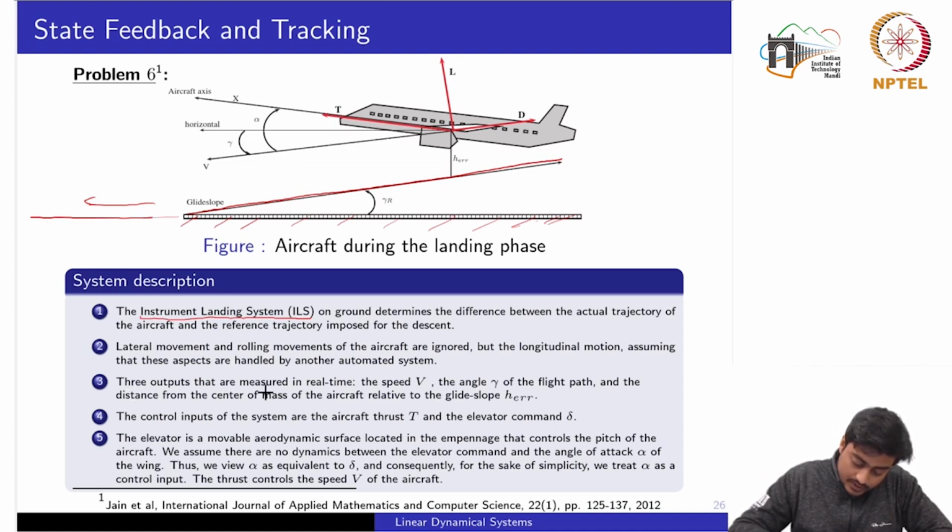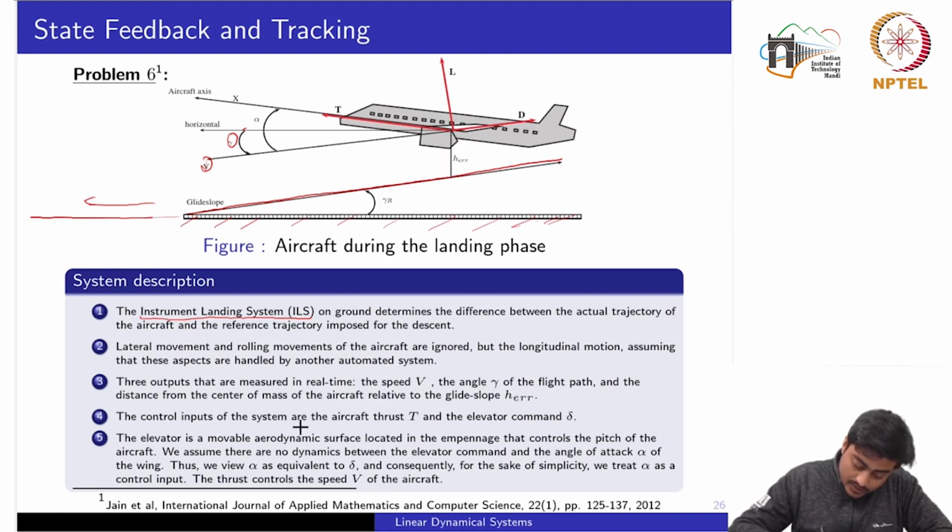So the three outputs that are measured in real time are the speed v of the aircraft along this glide slope, the angle gamma of the flight path from the horizontal axis, and the distance from the center of mass of the aircraft relative to the glide slope. So this is h error.